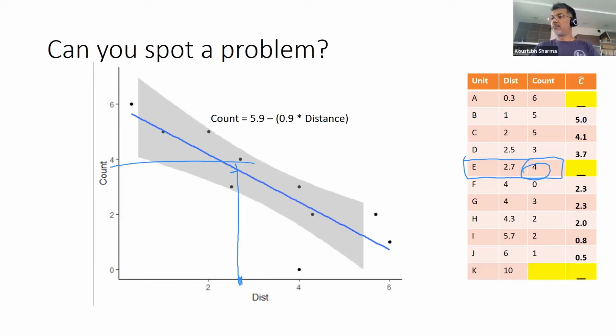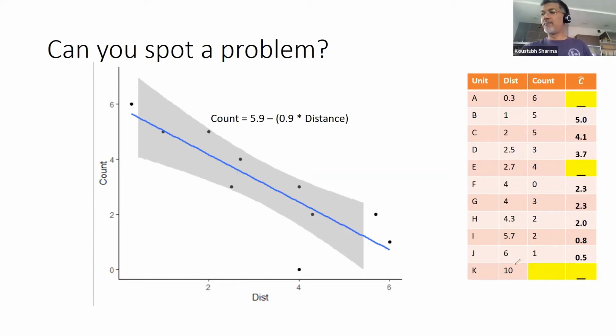Now, the problem with this kind of model is, can anybody think what's the problem here? What will happen if my distance is 10? Please feel free to put those comments in the chat. Look what will happen. I think there is a slide here.